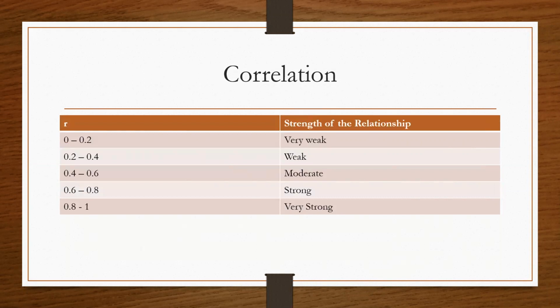If it's between 0.2 and 0.4, it has a weak relationship. If it is between 0.4 and 0.6, it has a moderate relationship. If it's between 0.6 and 0.8, it is a strong relationship, and 0.8 to 1 is a very strong relationship. So I'm going to give you guys a little bit of time to copy it down, take a picture, whatever you need. Just make sure you know the table.